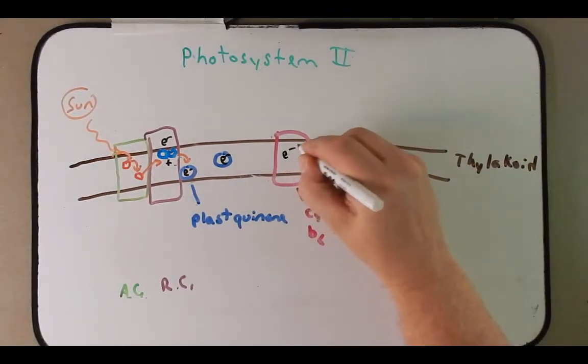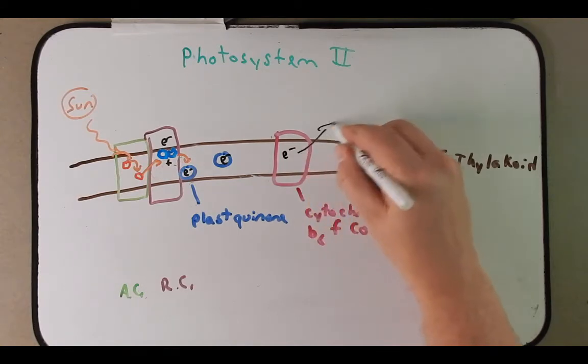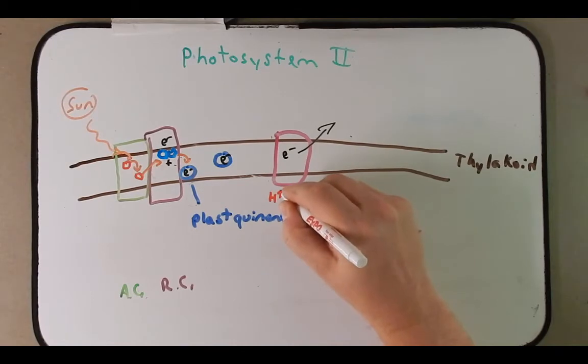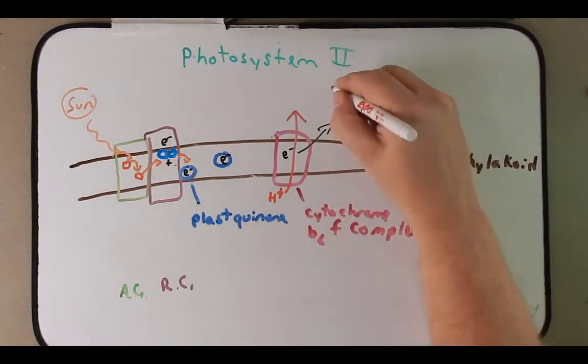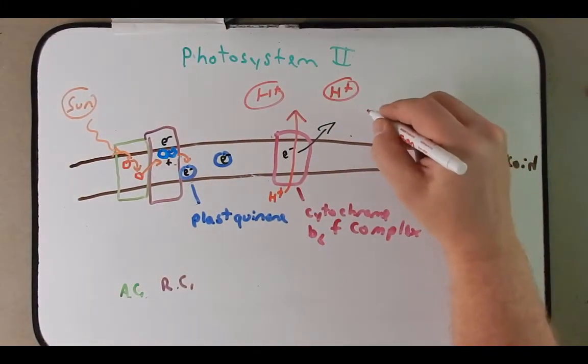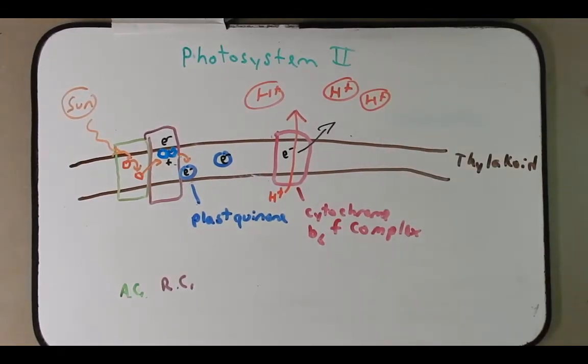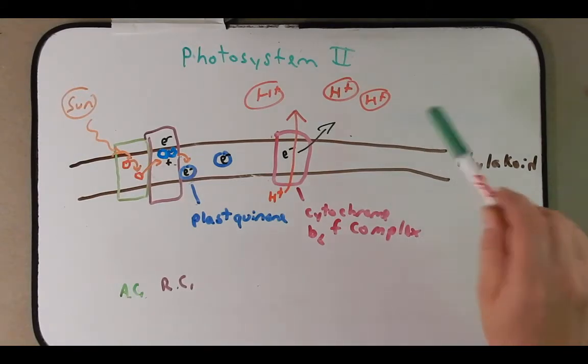Using this energy from the electrons moving through, it's able to move protons through this complex. So we end up then with this higher concentration of these protons on this side of the thylakoid. Still in the thylakoid. This is in the thylakoid space.